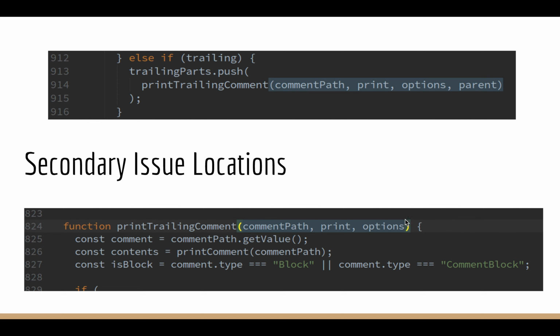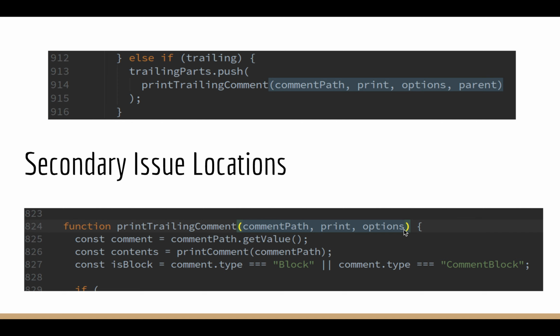So maybe it's a few months older, it's from a previous version of Prettier. You have 4 arguments being passed to a function that was declared with 3. In this case, parent is being passed in a function call, and the function does not have the parent argument.